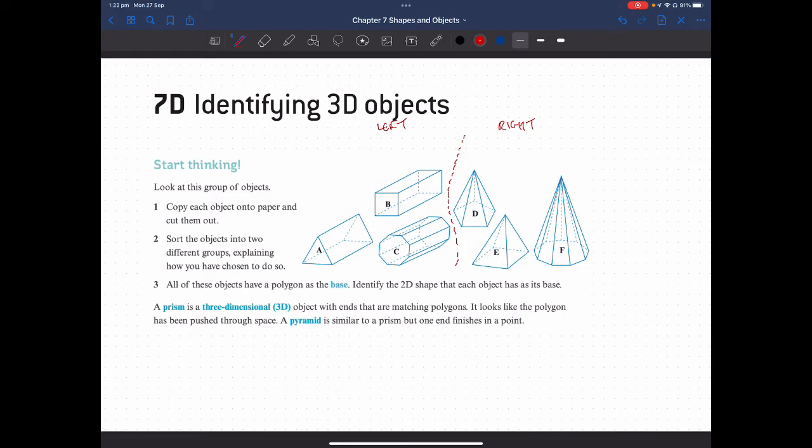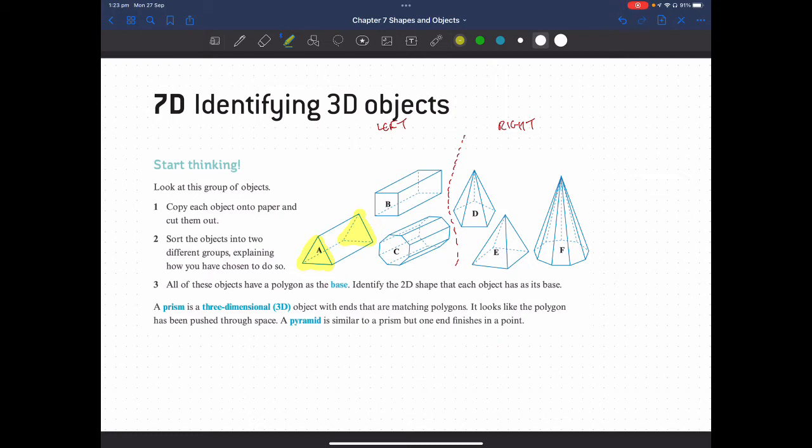If we look at those that are on the left-hand side, and I'm going to use a highlighter with this, the ends of the shape, so the first shape A, the end is a triangle. If I look at the other end of the shape, it also is a triangle. Those two ends are the same.